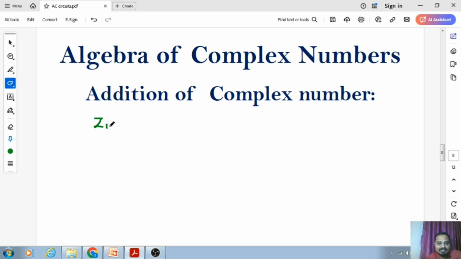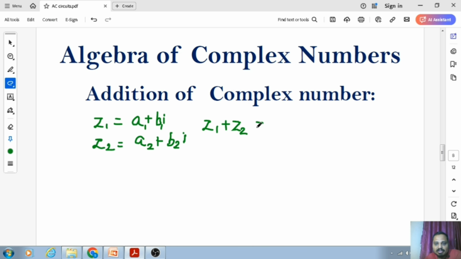Let's say I have Z1 is equal to A1 plus B1i, and I have another number Z2 is equal to A2 plus B2i. So the addition of these two complex numbers, Z1 plus Z2, can be written as A1 plus B1i plus A2 plus B2i.